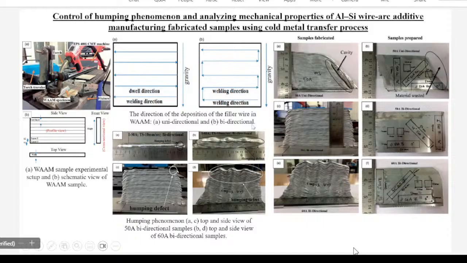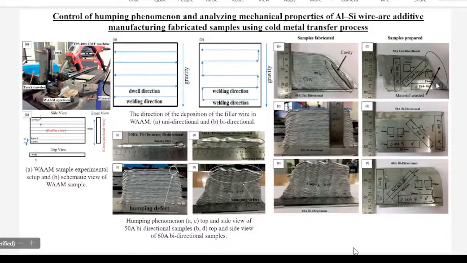As you can see, the sample fabricated with unidirectional has these types of problems. You can see a cavity formed while making a sample with unidirectional, and this is considered material wastage. We don't want to waste material, as compared with conventional fabrication processes, where the material wastage is very high.